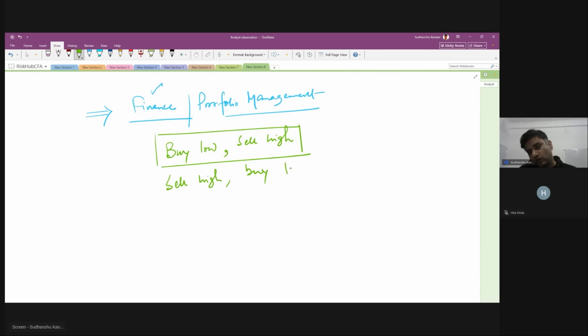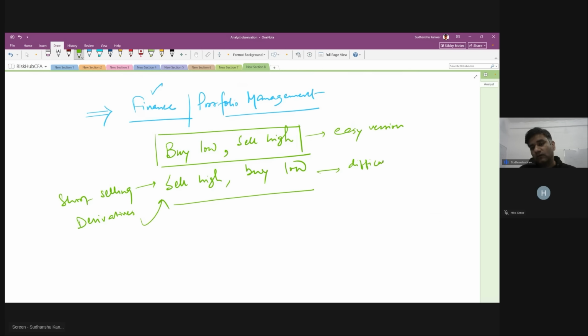This is basically short selling, which is normally not allowed. This is generally in derivatives. You can do short selling in stocks also, in intraday and derivatives also. So this is a little complicated version of the same thing. This is the easy version, and this is the difficult version.